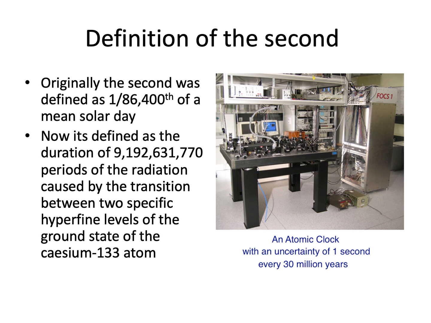So we're going to start with the second. Now remember, the second is the standard unit to denote the passage of time. It's the idea of duration. Now originally, the second was defined as 1/86,400th of a mean solar day. The mean solar day, that's basically the time it takes the Earth to make one complete spin around its axis.